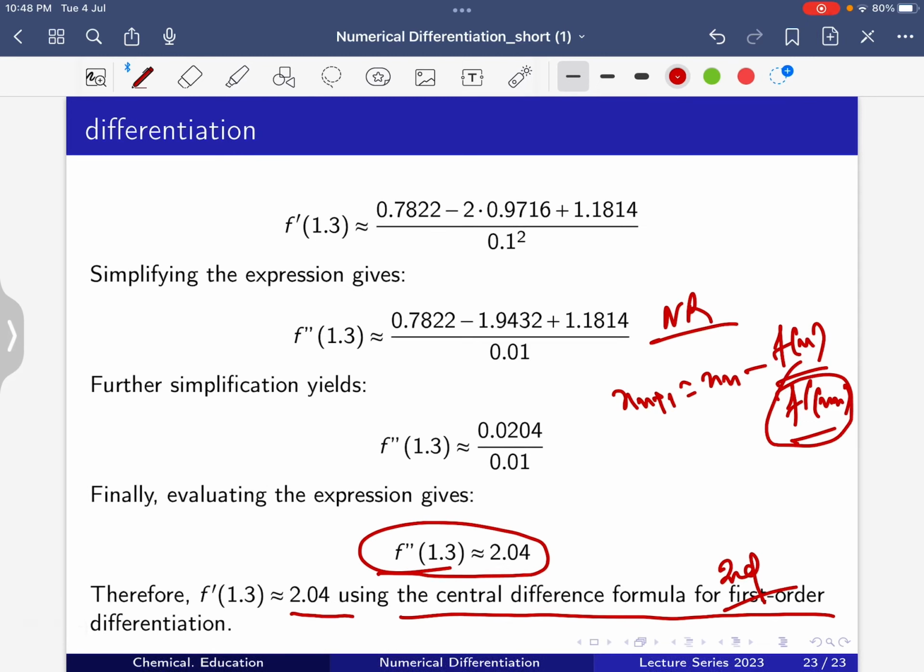Even if a problem has a very complicated function, we can easily do the numerical differentiation using any formula like forward, backward as well as central difference. So you must know how to calculate numerical differentiation.